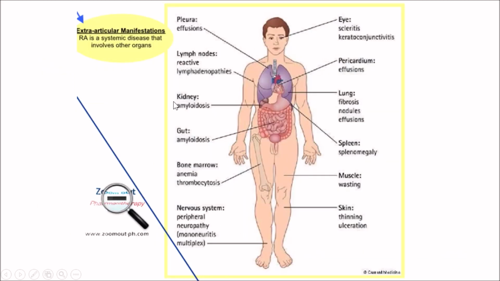And this slide illustrates the extra-articular manifestations of rheumatoid arthritis, which affect the eye, pleura, pericardium, lymph nodes, kidney, lung, spleen, gut, muscles, skin, bone marrow, and nervous system.